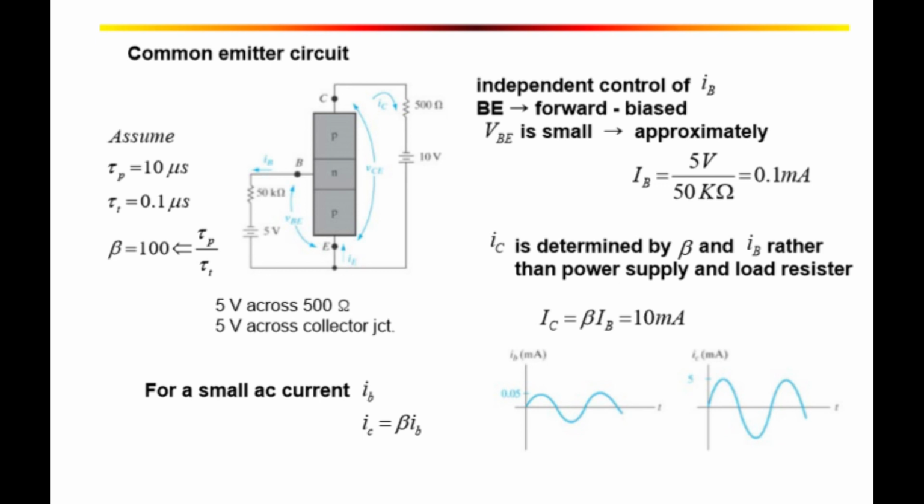Here it is shown that the base current is 0.1 milliampere, which is very small compared to the collector current, which is beta times the base current, and it becomes 10 milliampere.